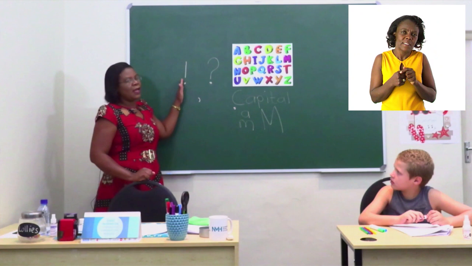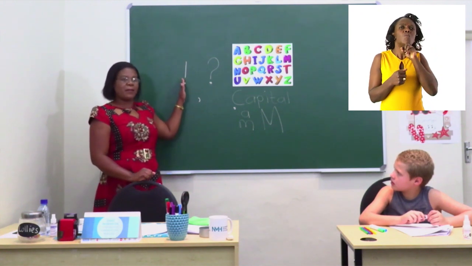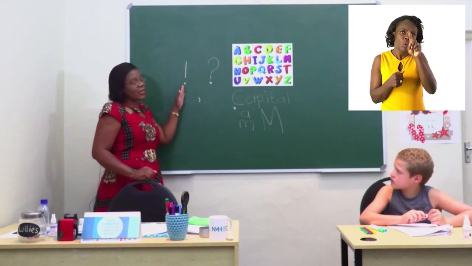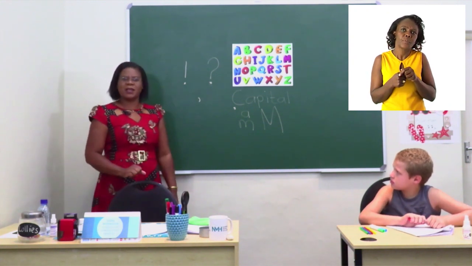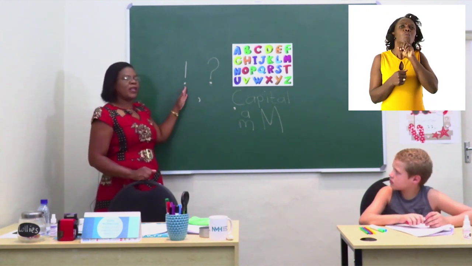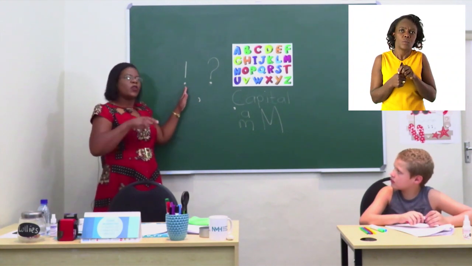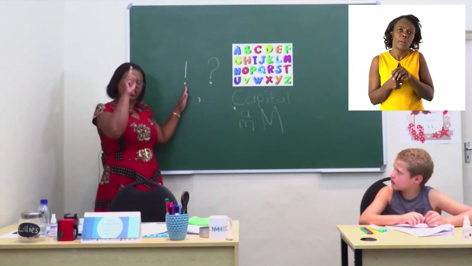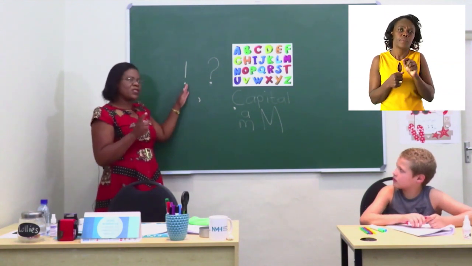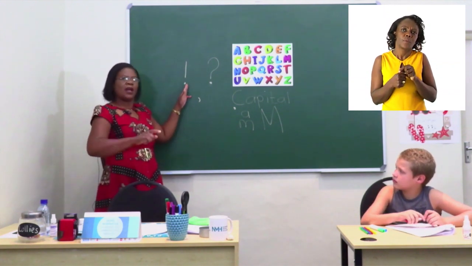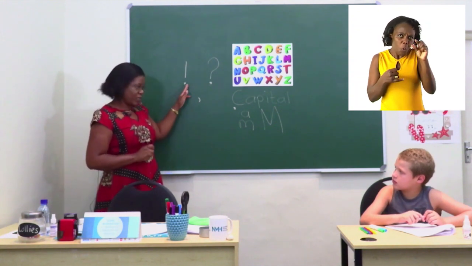We call it an exclamation mark. In the simplest way that we can remember it, just say it's a shouting mark. Whenever you shout, you have to put it at the end of the shouting word. You must always remember that. It is only used at the end of a shouting word or a shouting statement.